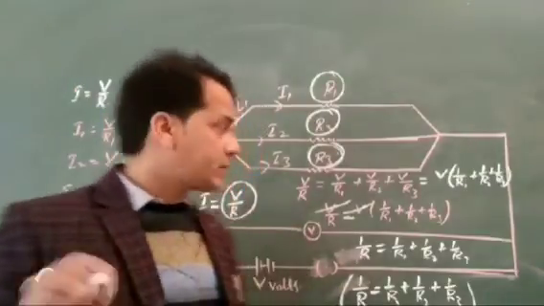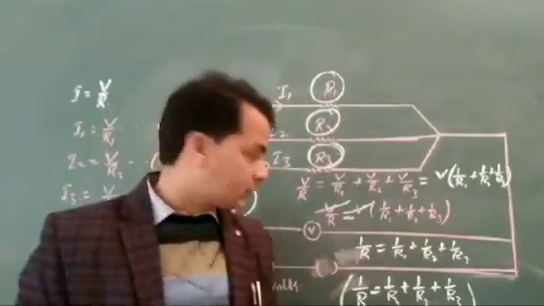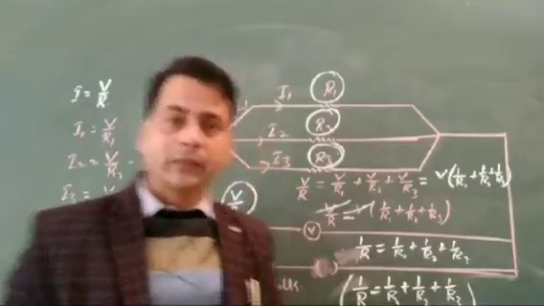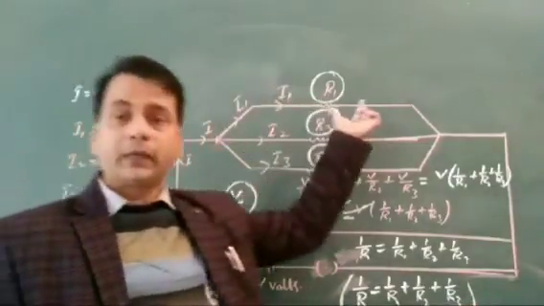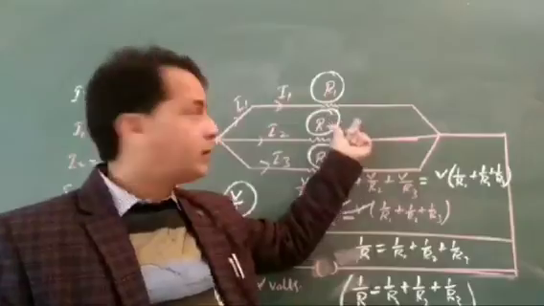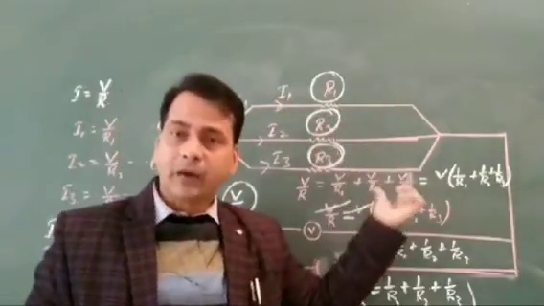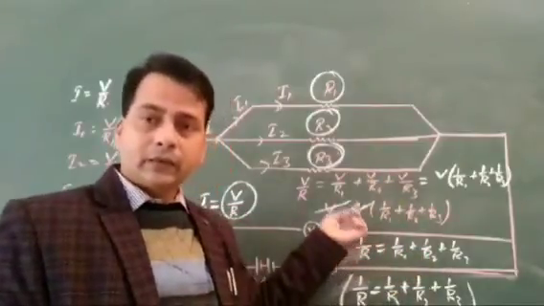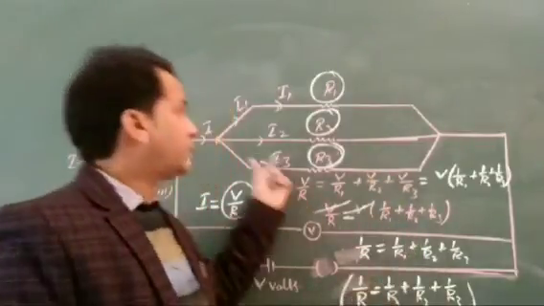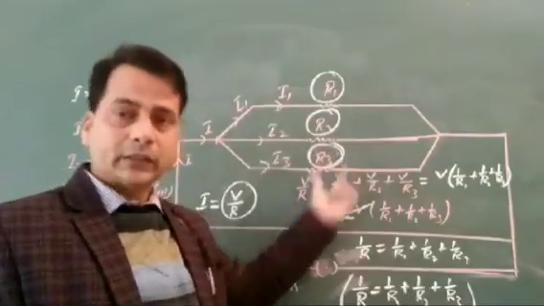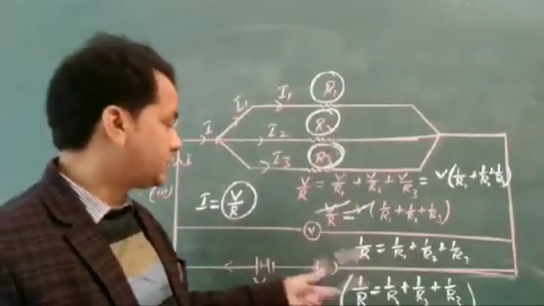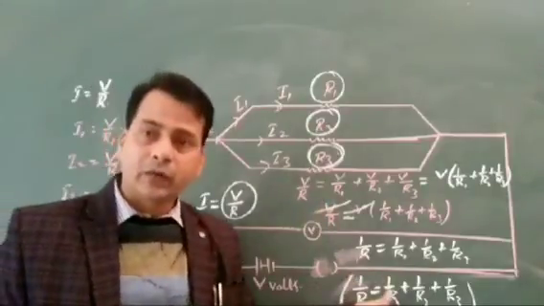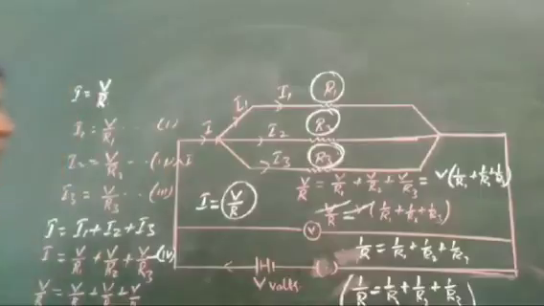So the equivalent resistance in the given circuit is 1 by R equal to 1 by R1 plus 1 by R2 plus 1 by R3, means the sum of the reciprocals of the given resistors R1, R2 and R3 is equal to the reciprocal of the equivalent resistance R of this circuit.